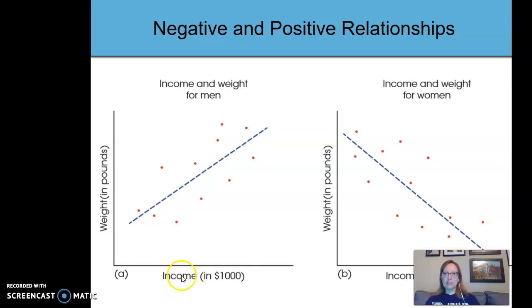Maybe if as people's income went up, their weight also went up, this would show a positive relationship because that cloud or cluster of dots is moving from the bottom left to upper right. And if we saw a negative relationship, we would see that cluster of dots, if we imagine a line through the middle, going from the top left to bottom right. If the more your income went up, your weight went down, we would see the cloud go this way.